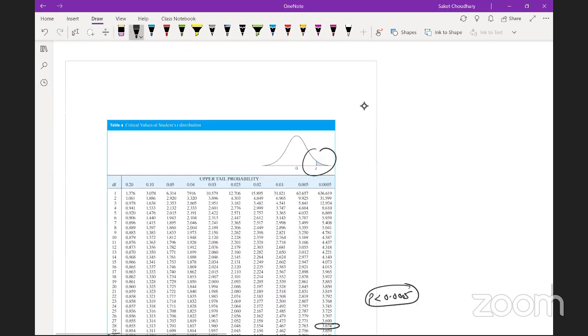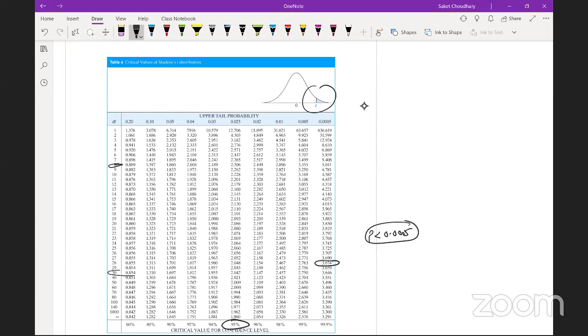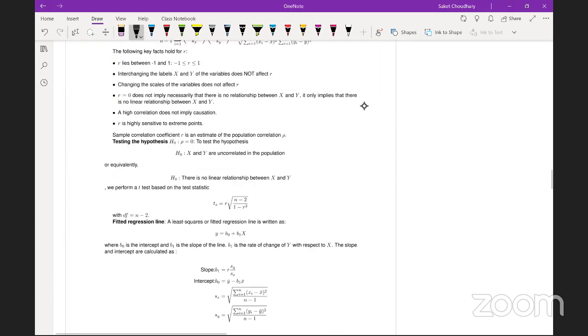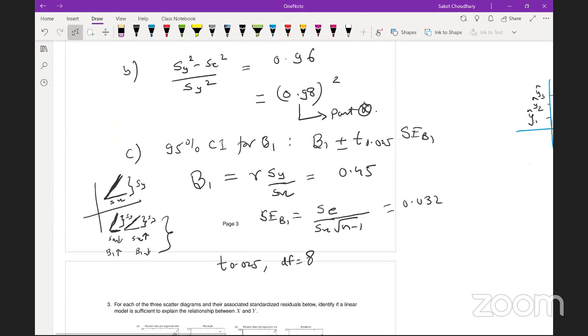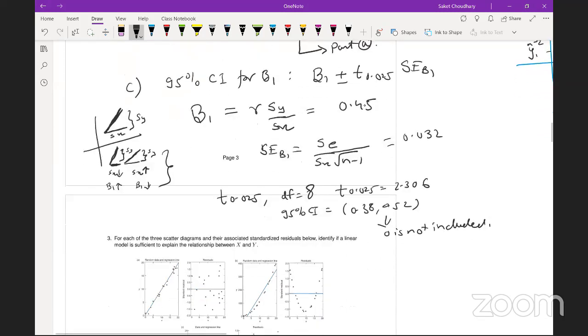So if we go to df equal to 8, which is this line, we are interested in the 95% confidence interval, so this value is 2.306. So t 0.025 is 2.306. The 95% CI comes around to be 0.38 to 0.52. 0 is not included, implying that this slope coefficient is significant.